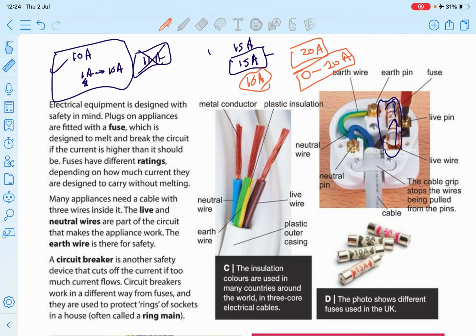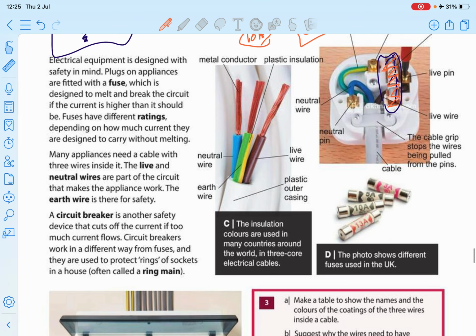The fuse will not break. Then what happens? Your device, rated as 15 ampere, will go out of work, right? So fuses are used for the protection of our devices. So if it's burned and you need to replace the fuse, you need to replace it with the exact value, right? Otherwise there will not be protection for your devices, right?